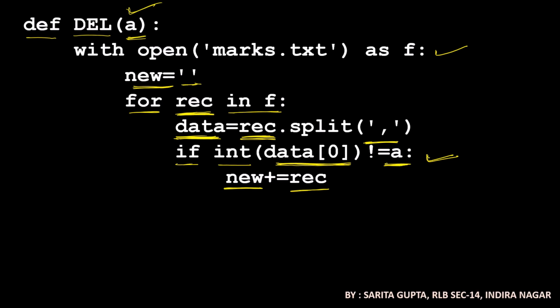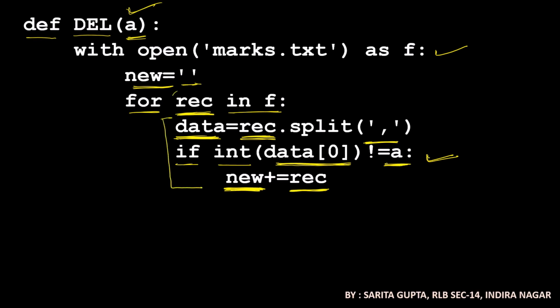Thus, the entire line of text in rec, including the slash n in the end, containing one student record as admission number, comma name, comma total marks, will be concatenated into the variable new. These statements will be repeated in loop.